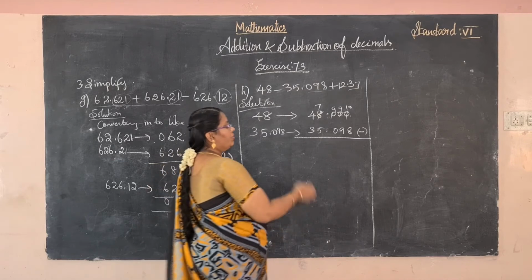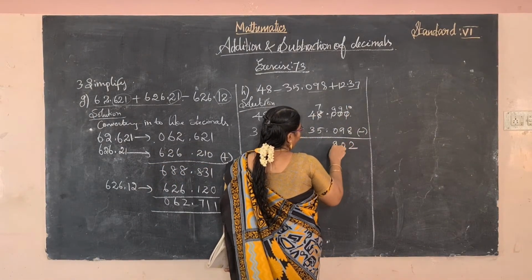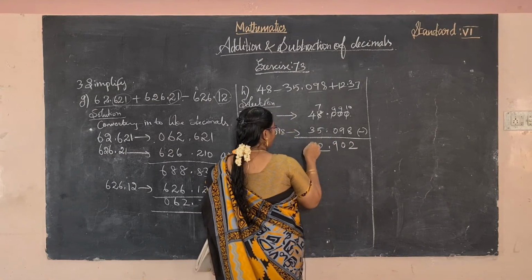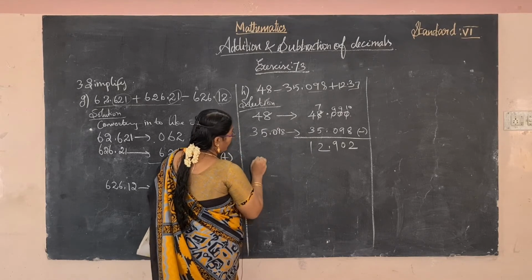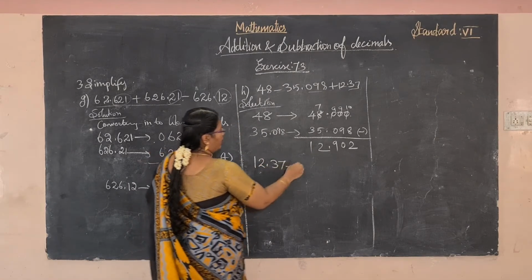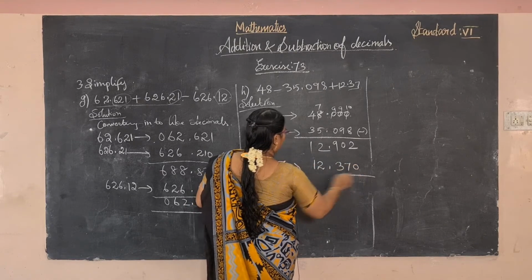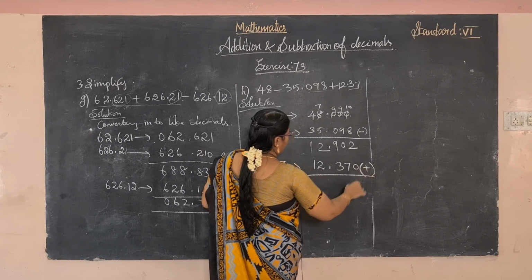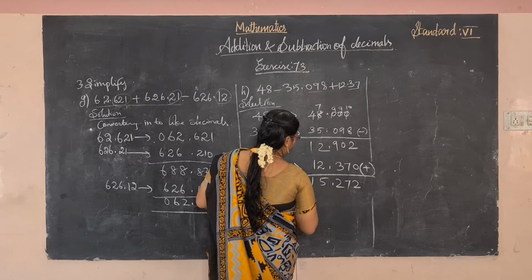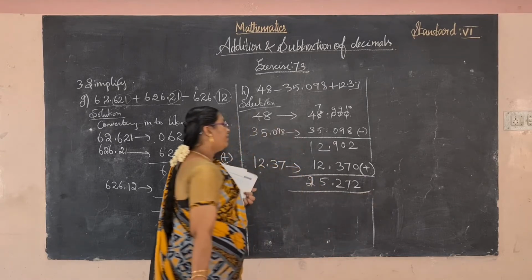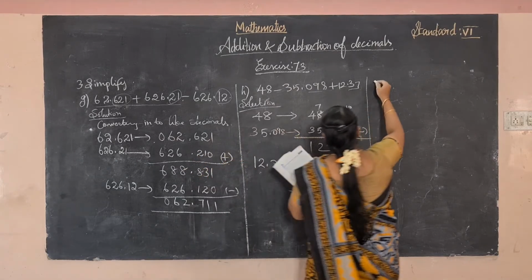Okay, everyone knows. So 10, 2, 0, 9, 2, 1. Now we consider the next decimal value. 12.37 is given. Okay, so 12.370, after adding 2, 7, 12. So 25.272. Now move to the next one.